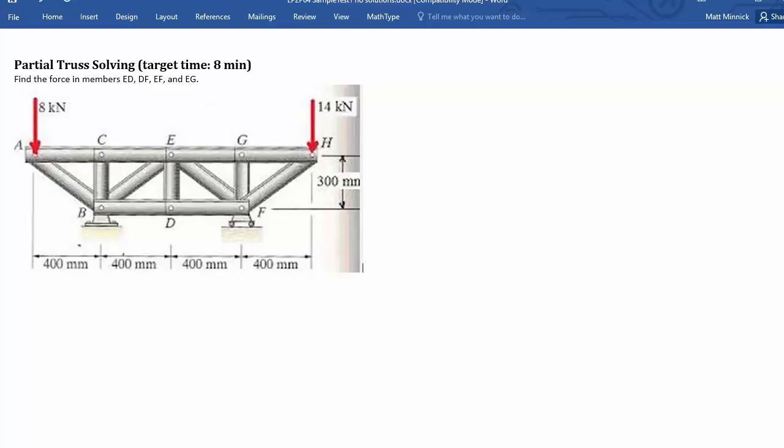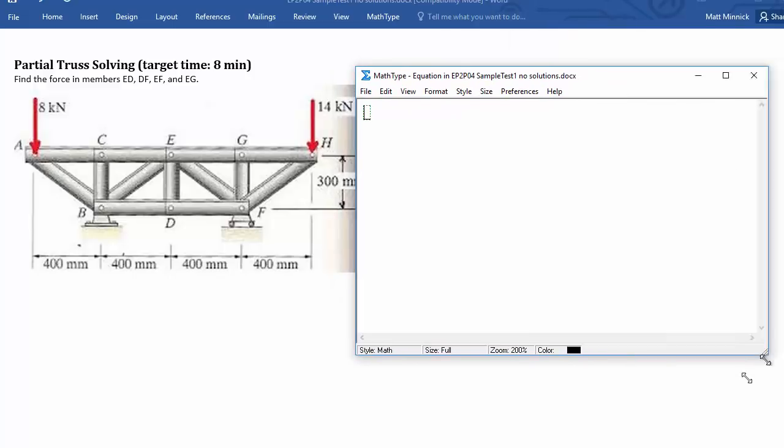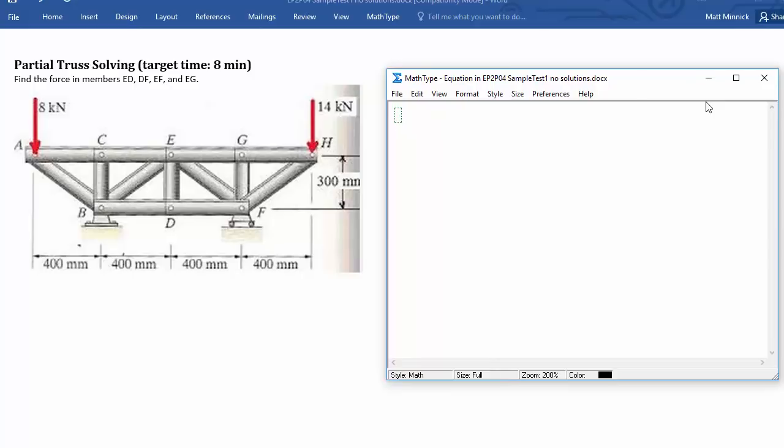So let's do our equilibrium of the entire body in order to figure out what the force at F is. We can get an equation here, and we'll write out that the net torque about, say, point B is equal to 0. And let's take the torques in the counterclockwise direction as positive. So what would we have? We'd have 2 times 0.4 meters, so that's 0.8 meters times the reaction force at F in the y direction.